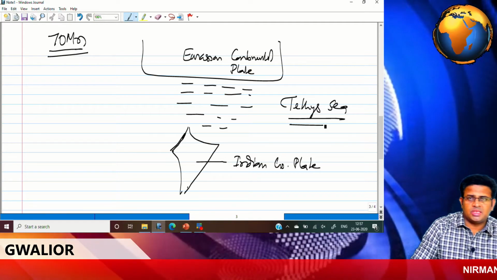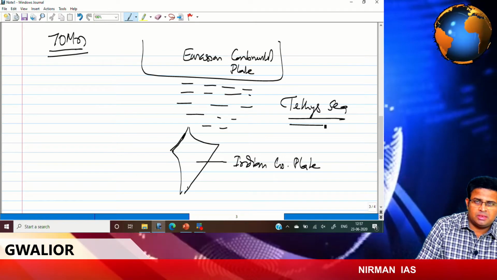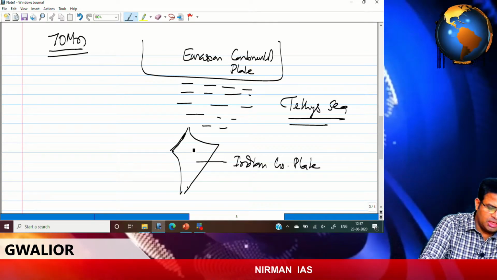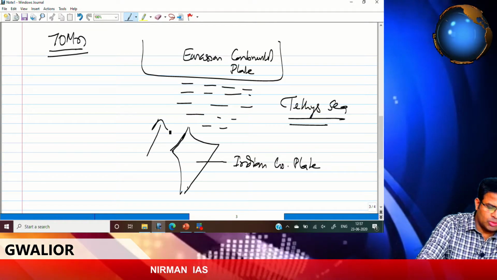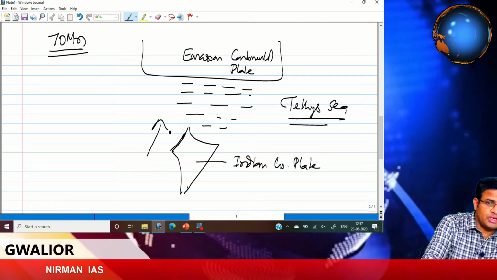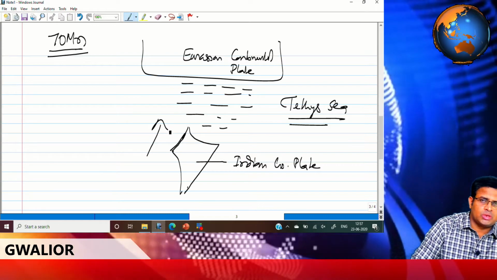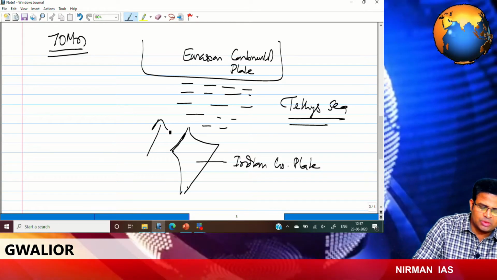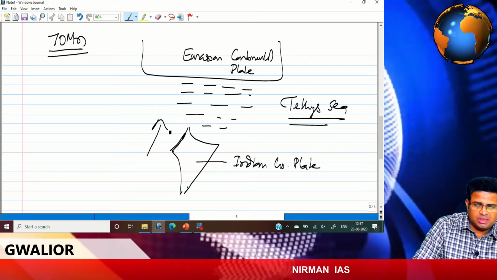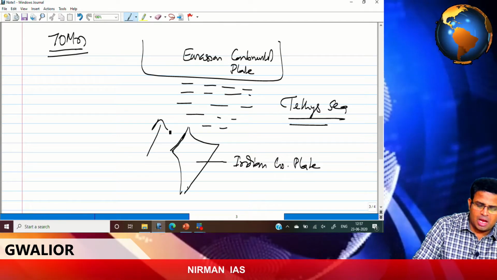Below the Tethys Sea there is a Tethys oceanic plate, and this Indian Gondwana plate was moving northward, and the Tethys oceanic plate attached with it was also moving northward.